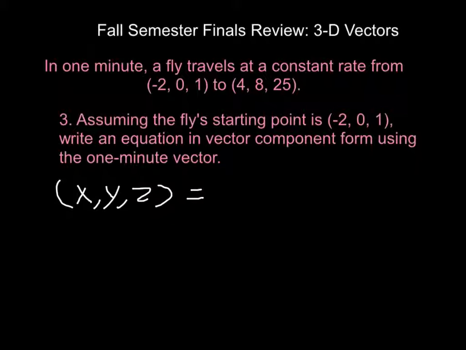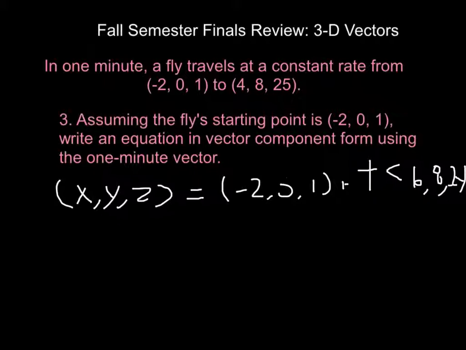And then I put in the first point. I added t times the vector that you get in number 1, which is (6, 8, and 20). Oh, (6, 8, and 24). Good job.